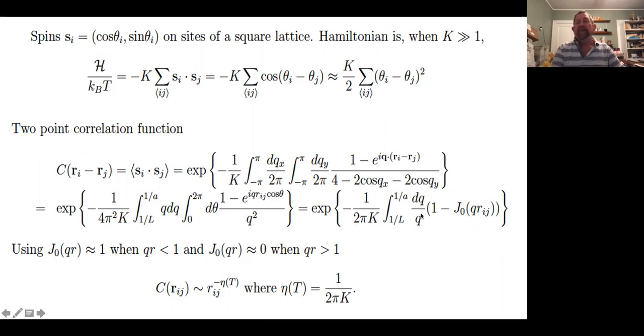Never mind the math. It is just the separation to the minus η(T), where η(T) is just 1 over 2πK. That's a trivial calculation.